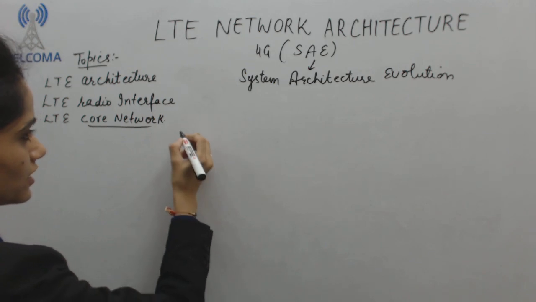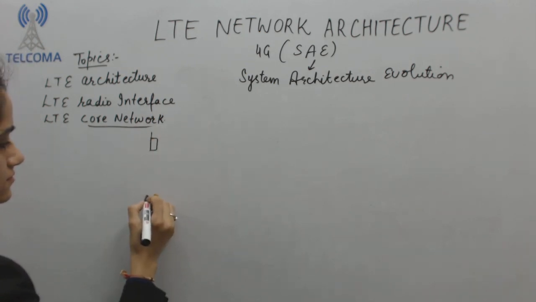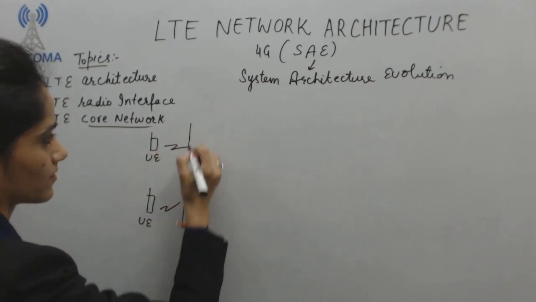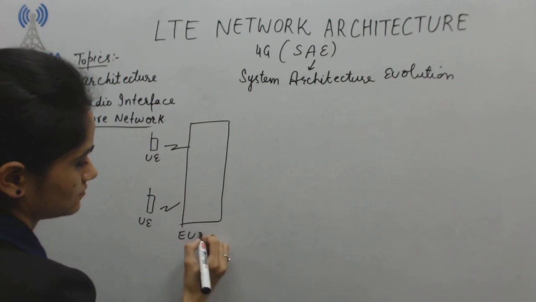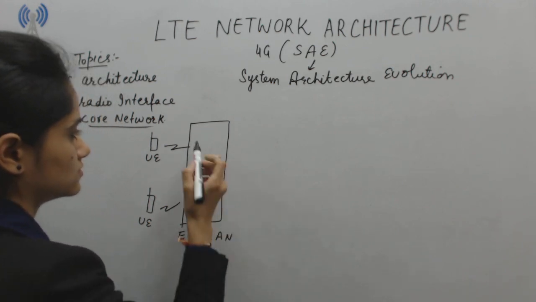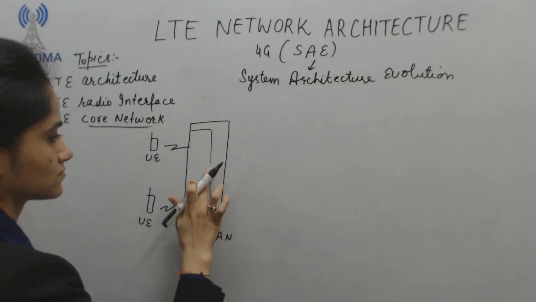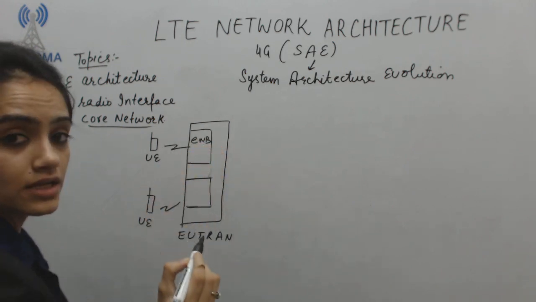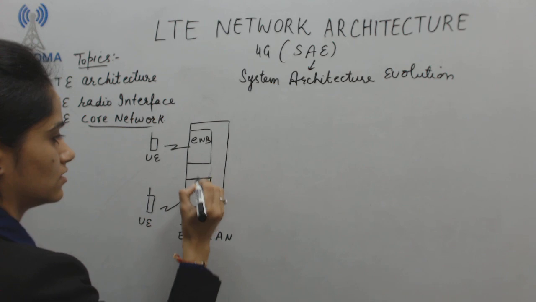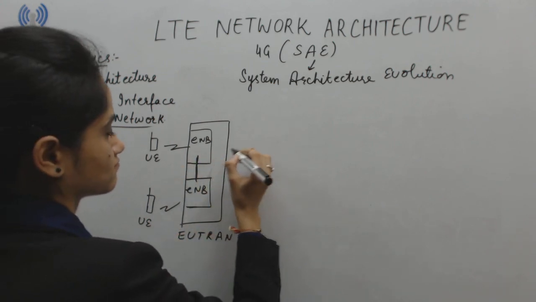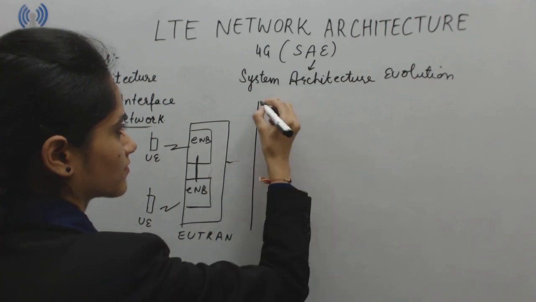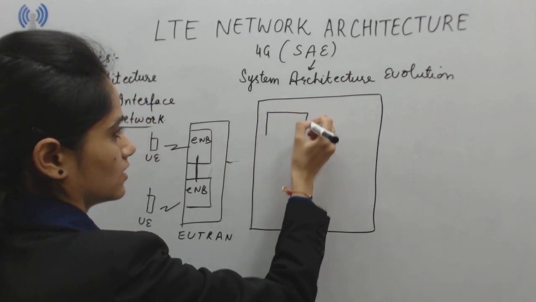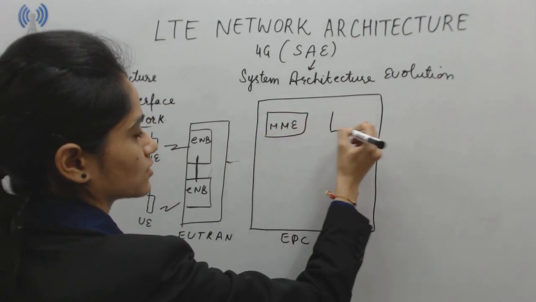So I will draw here the full architecture. E and B for evolved Node B. Now this is EPC, or Evolved Packet Core. Now here are the databases in the Evolved Packet Core network.